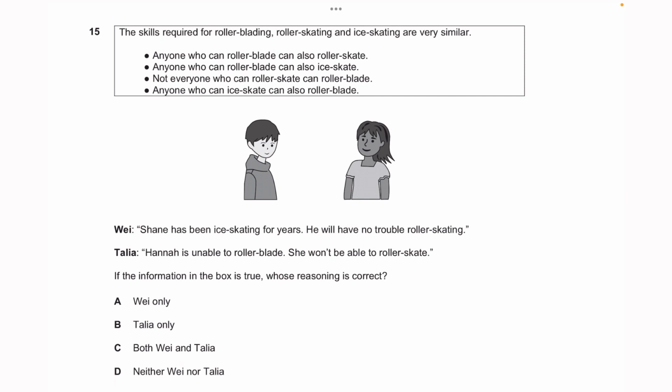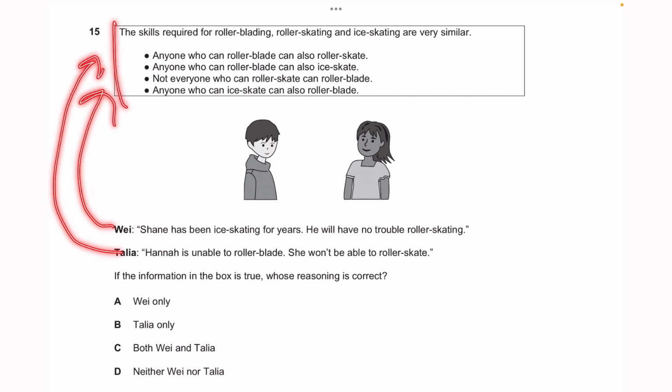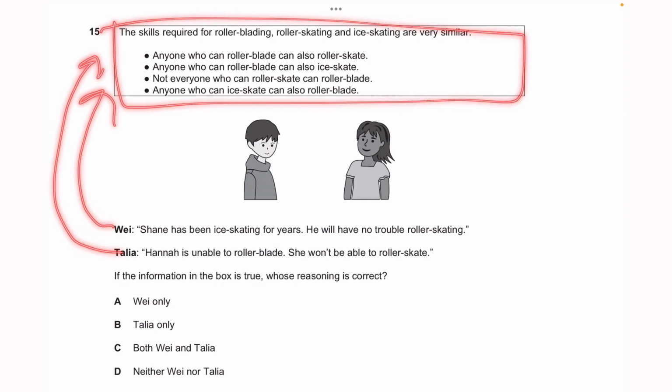Now, that's what the information in the box says, and then we've got two people's opinions. We've got Wei, who says that Shane has been ice skating for years. He will have no trouble roller skating. Talia says Hannah is unable to rollerblade. She won't be able to roller skate. And so if the information in the box is true, whose reasoning is correct? So once again, we're trying to match Wei's and Talia's reasoning based on this box up above, okay?